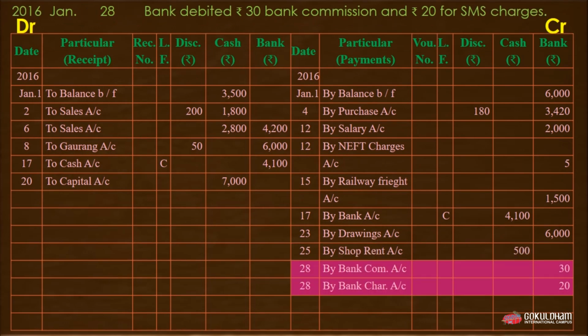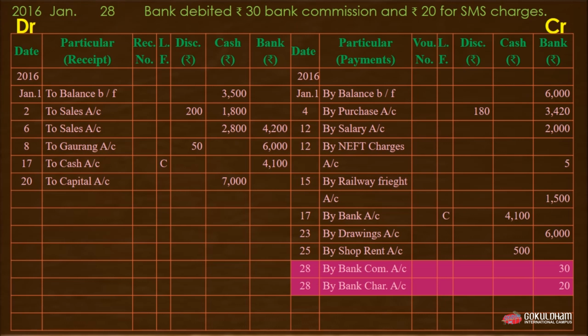The next transaction is January 28. Bank debited rupees 30 for bank commission and rupees 20 for SMS charges. It means the bank has debited our passbook with 30 rupees for bank commission, and 20 rupees is SMS charges. So both of these are our expense, so we record them on the credit side. Write 28 in the date column.